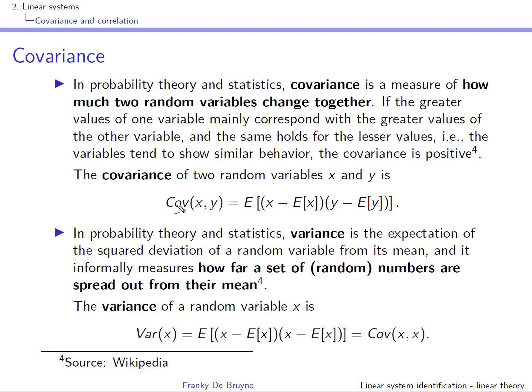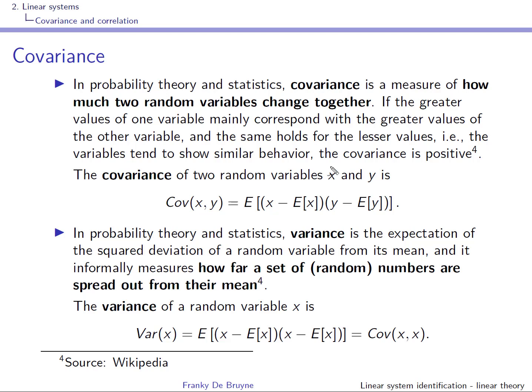Here the variables will be x and y. So if large values of x tend to correspond to large values of y, well, these variables tend to show similar behavior and the covariance will be positive.